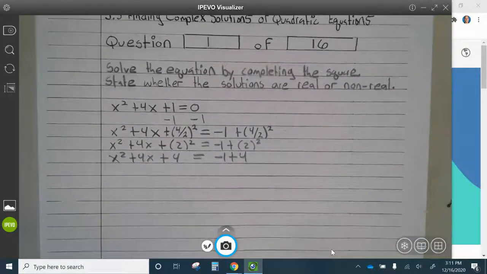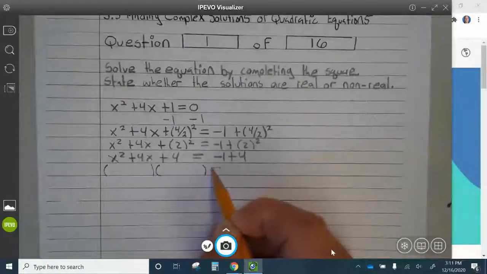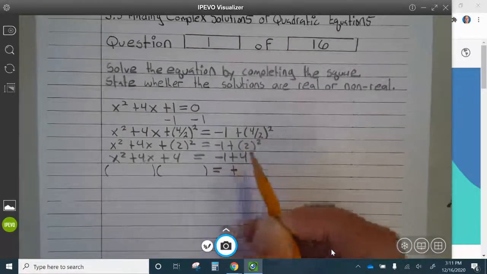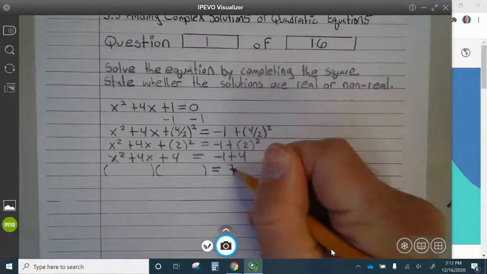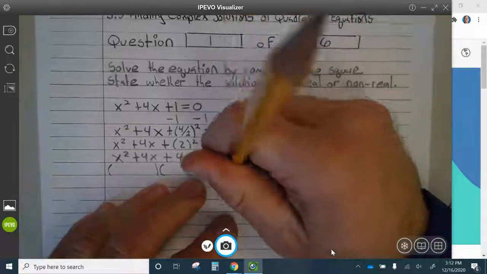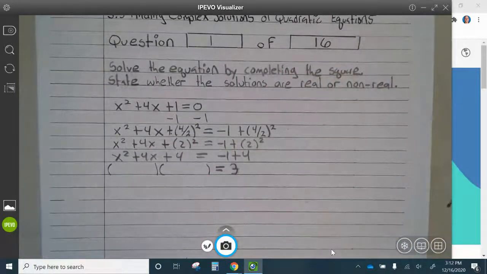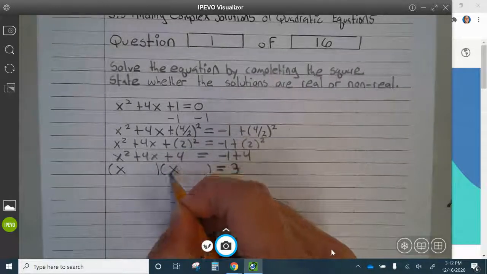All right. Now we're going to factor this. The right side equals plus 3, and you don't have to put the plus, so it's just 3. All right. Now we know x and x makes x squared.